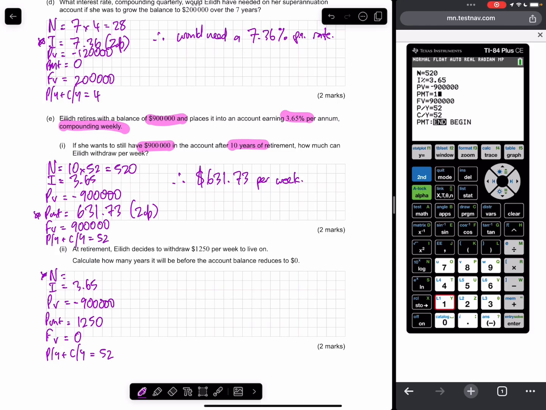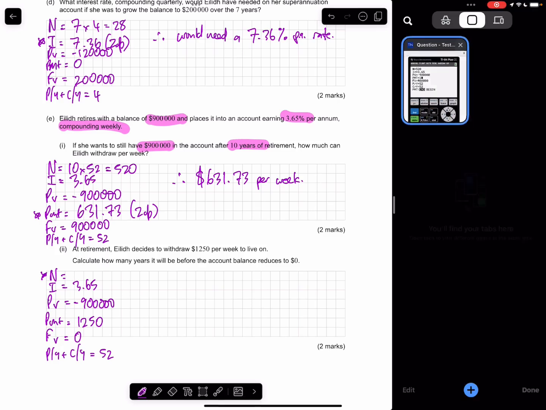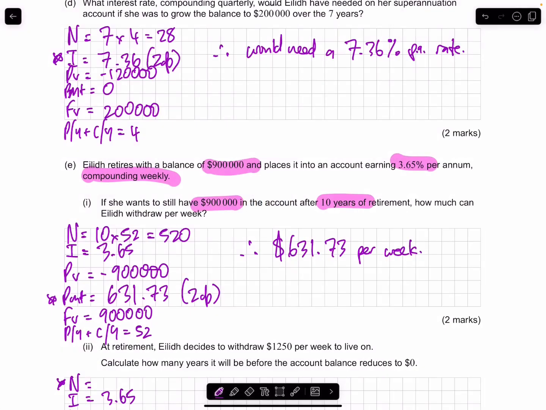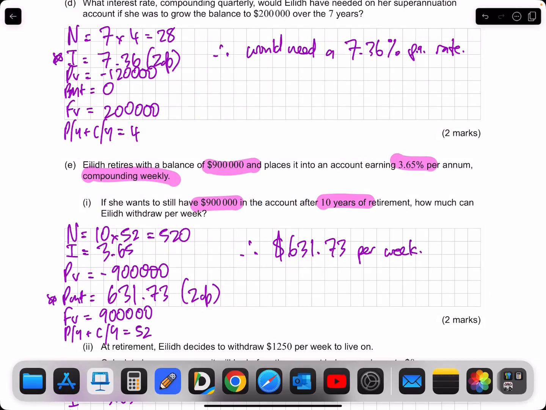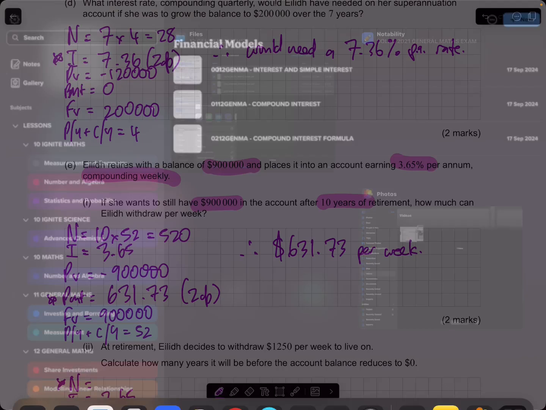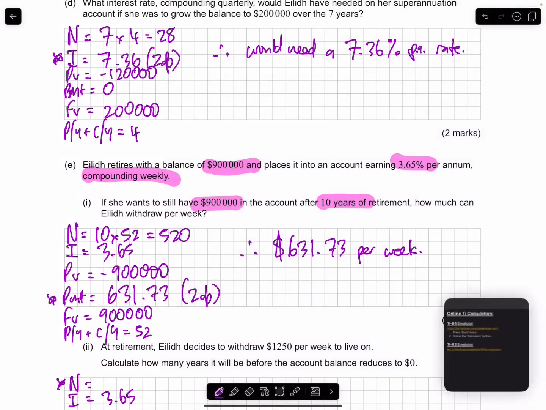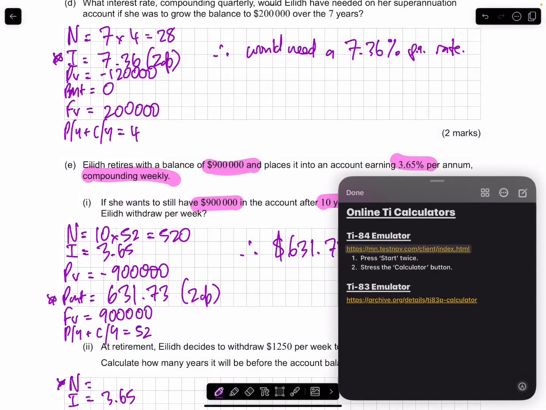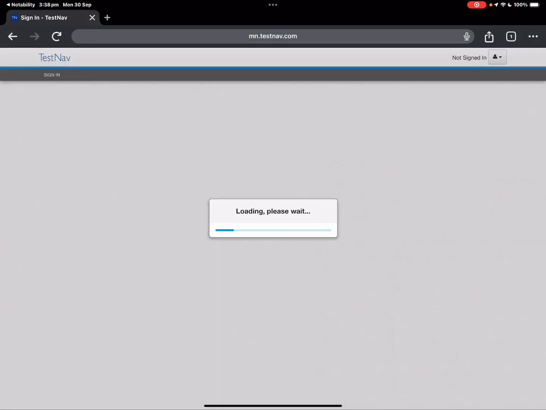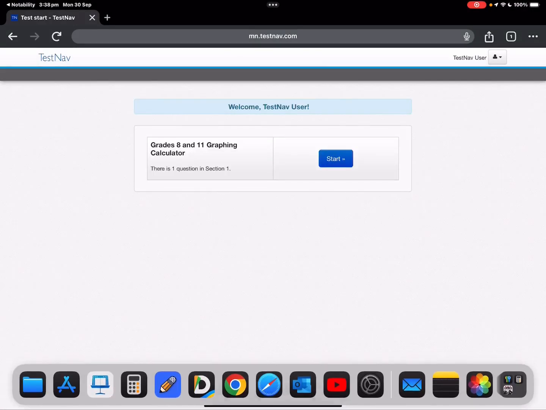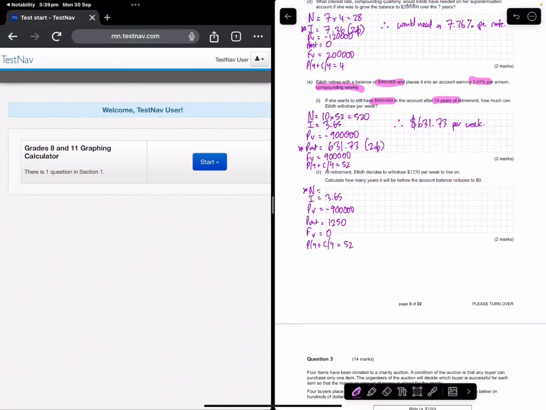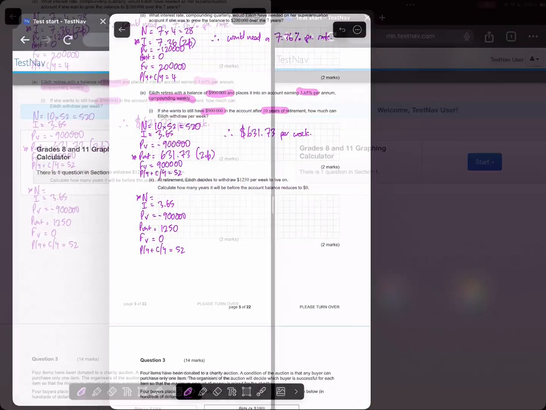coming out. My calculator's frozen. I need to completely close Chrome. And open it again. Well, this is going to delay the exam.